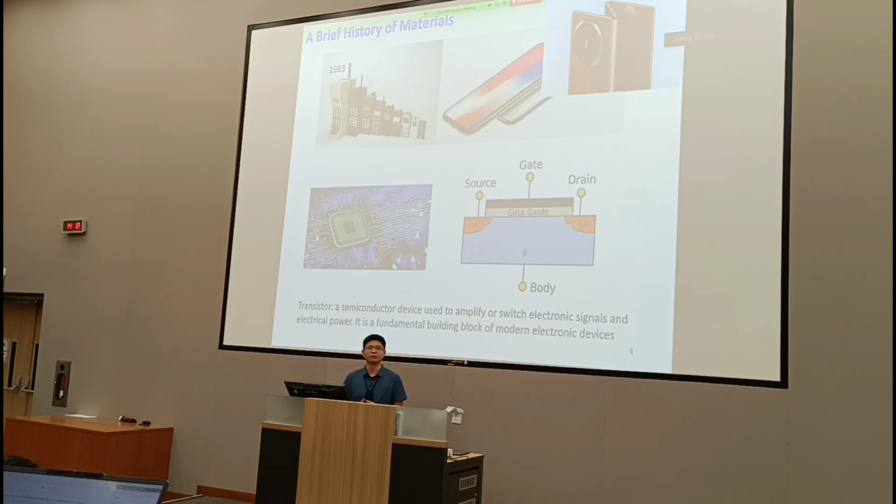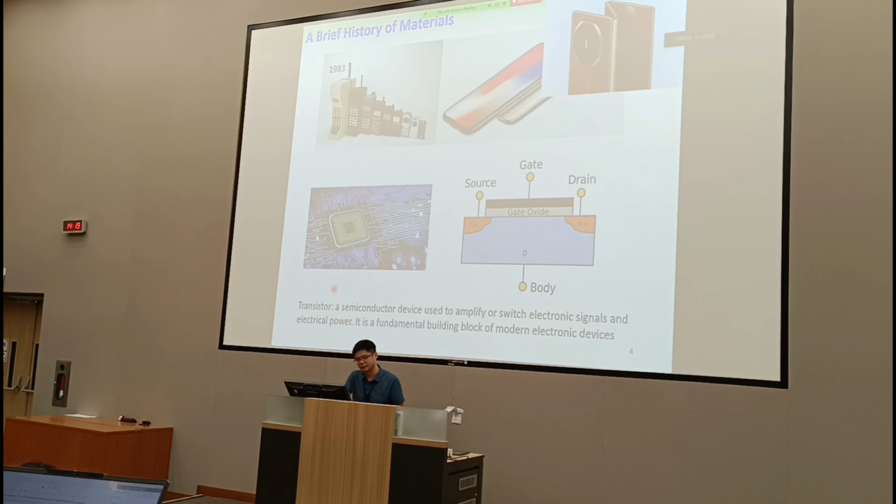It's like your fingernail size, but inside this small area, it packs a lot of transistors. That's the basic unit for these calculations.